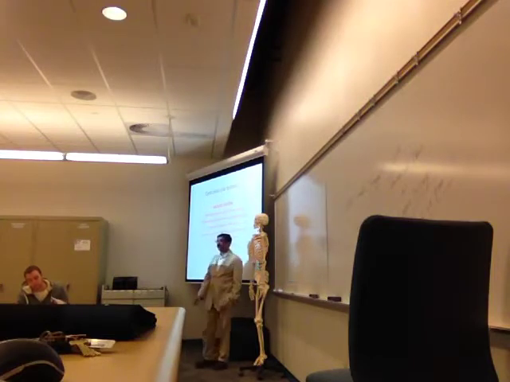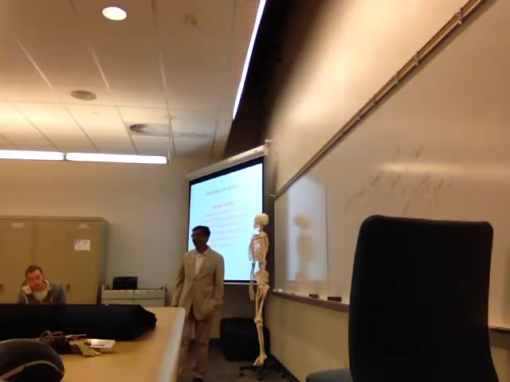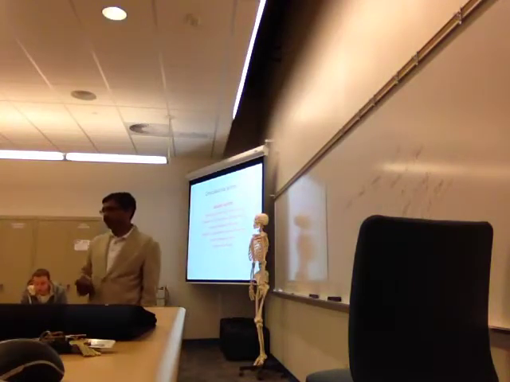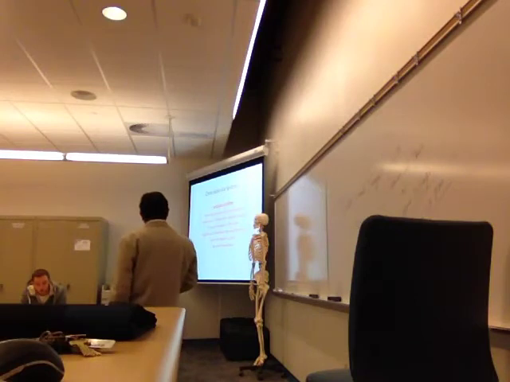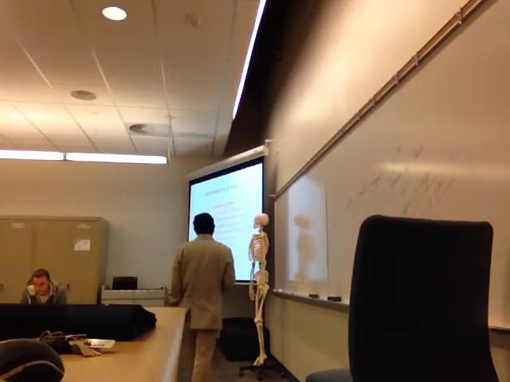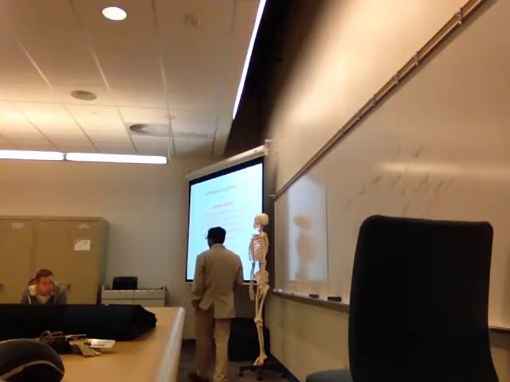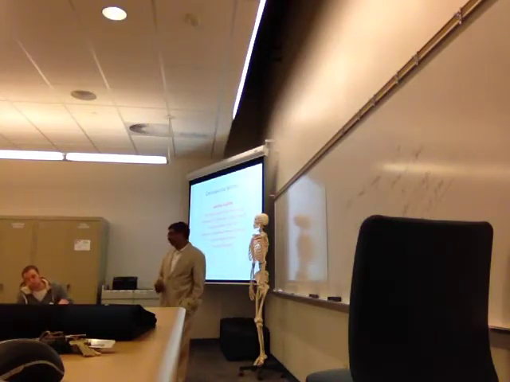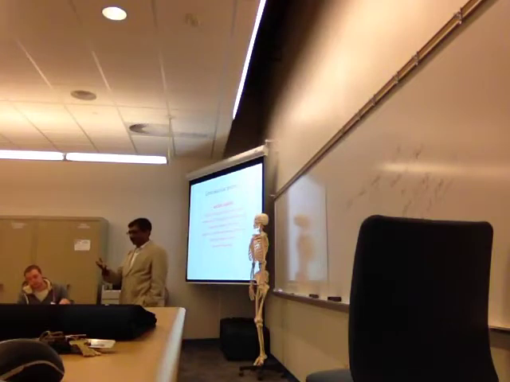Then we'll talk about the regulation of heartbeat, how the heart rate is controlled. And then we'll talk about the electrocardiogram, or ECG or EKG. Some people say EKG, some people say ECG.